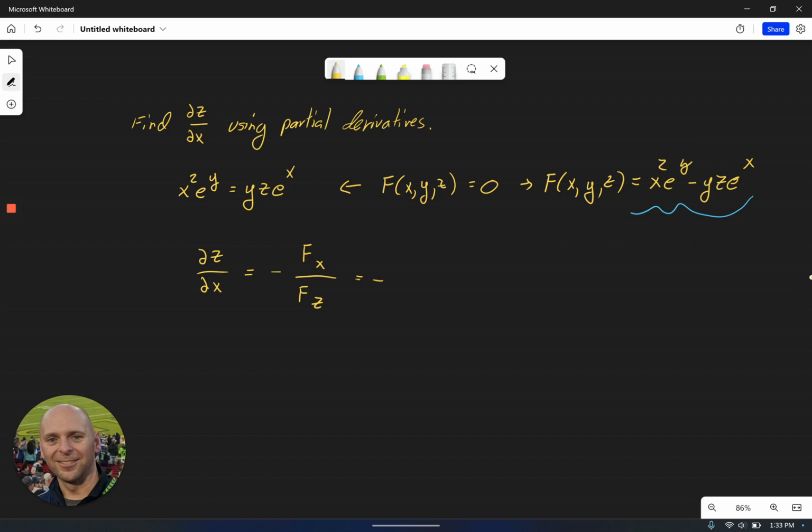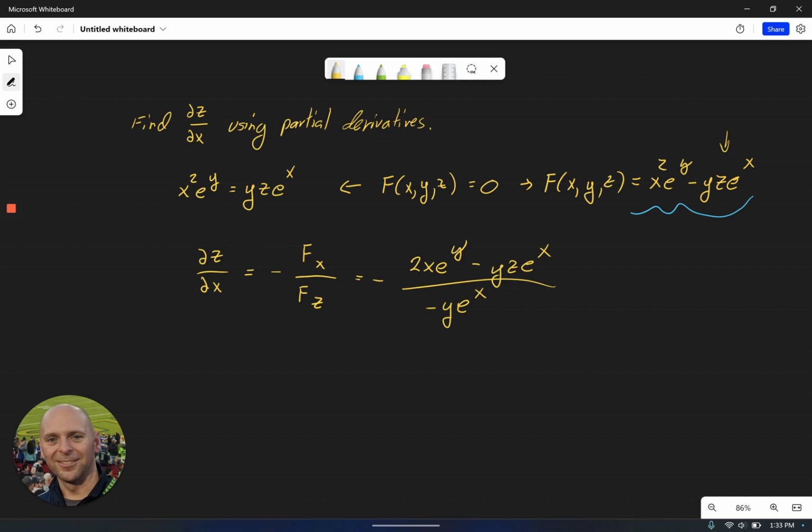Term by term, we end up with 2xe^y − yze^x, the derivative of e^x being itself with respect to x. And then we divide that by the partial of f with respect to z. The first term here doesn't have z, so its derivative is 0. Differentiating with respect to z here, we get −ye^x.